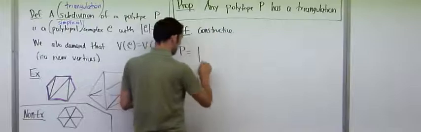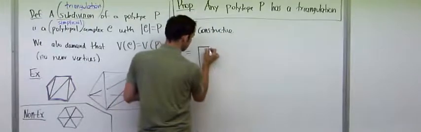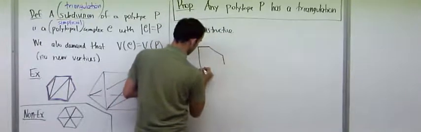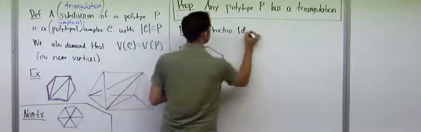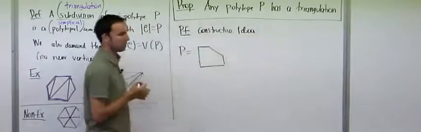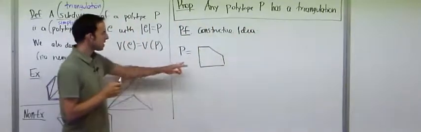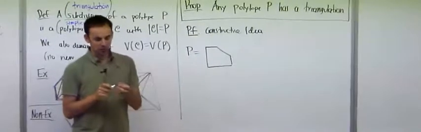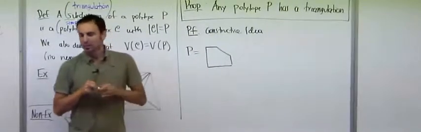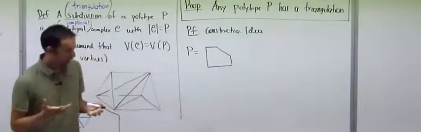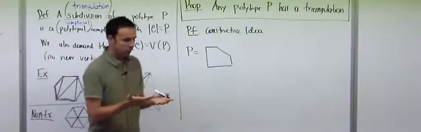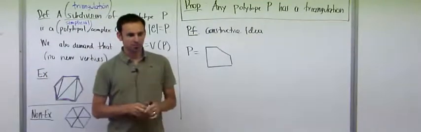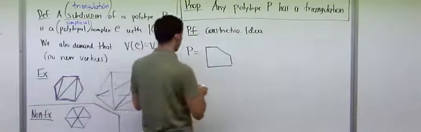So I need you to look up while I'm doing this. Let me first sketch the idea, and then I'll make precise what I mean. Let's say you have a polytope that you want to triangulate. What I'm going to do is go to one dimension higher. Maybe this is in the plane.